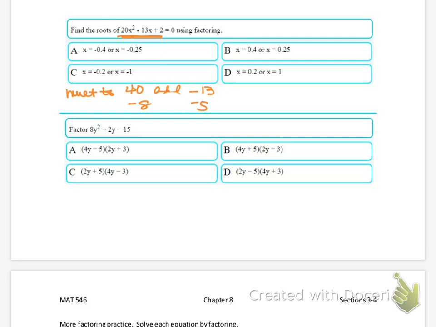Negative 8 and negative 5 will certainly multiply to a positive 40, and they will add up to negative 13, so that's going to work. So let's see what I get. So that's my decomposition. So we have 20x squared, minus 8x minus another 5x plus 2.